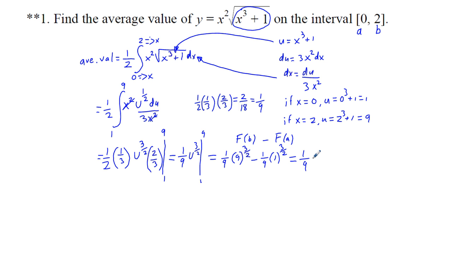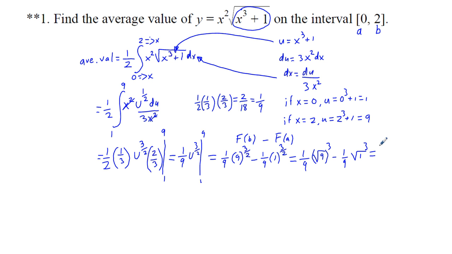What that is going to be equal to is 1/9. We're going to have square root of 3 to the power of 3 over 2 is going to be the square root of 9 cubed, minus 1/9 the square root of 1 cubed. And that's going to be equal to the square root of 9 is 3, and 3 cubed is 27.